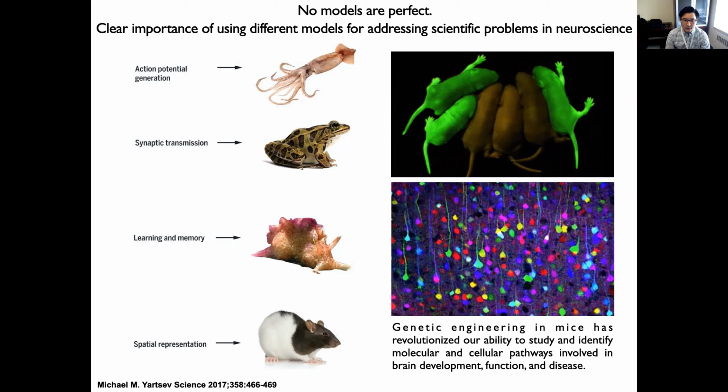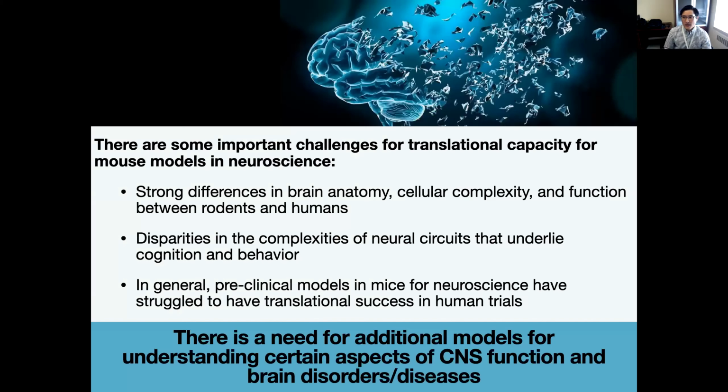At the same time, we can use these methods to look not only at neurons, but also other cells such as oligodendrocytes, astrocytes, and microglia, and how they participate in basic brain function but also disease states. So rodents have been very helpful over the years in helping us to understand cellular and molecular pathways involved in brain development, function, and disease.